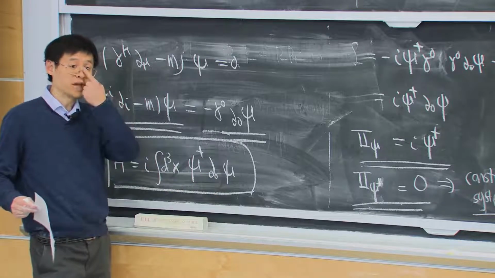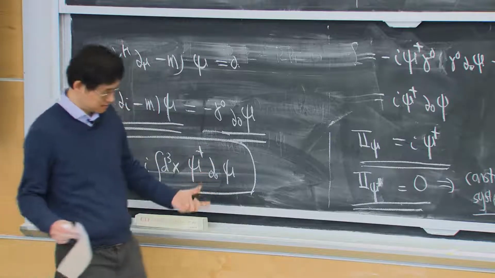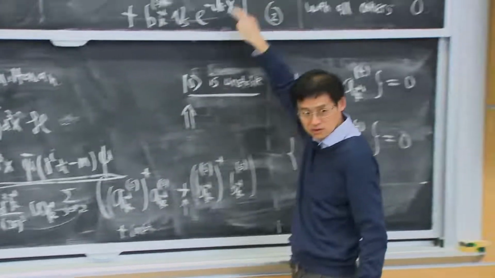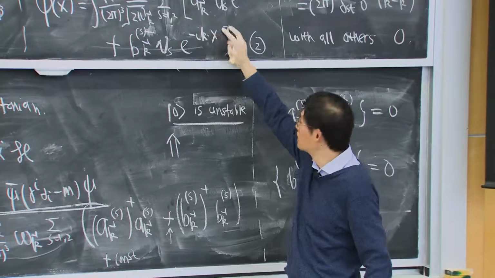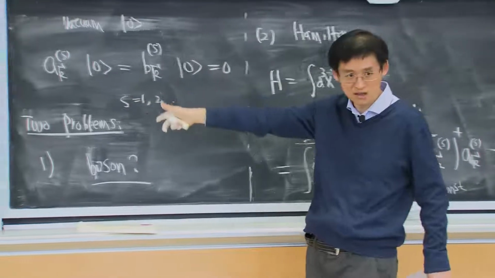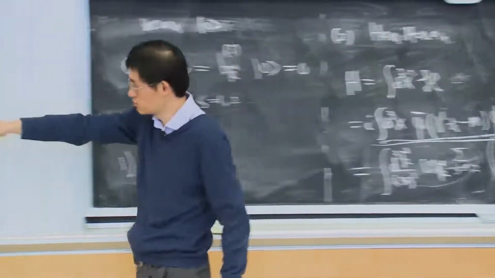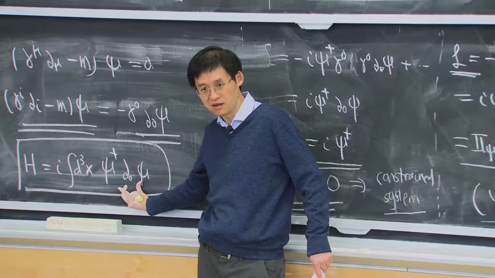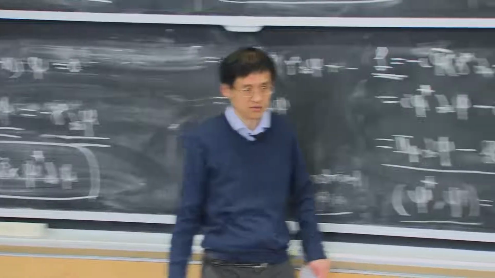Remember, psi is expanded in terms of both the positive energy solutions and the negative energy solutions. So depending on which omega you have, you can have either positive omega or negative omega. Because this is the first time derivative of psi, this quantity cannot be positive definite.